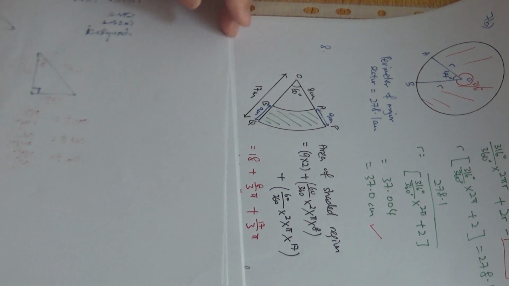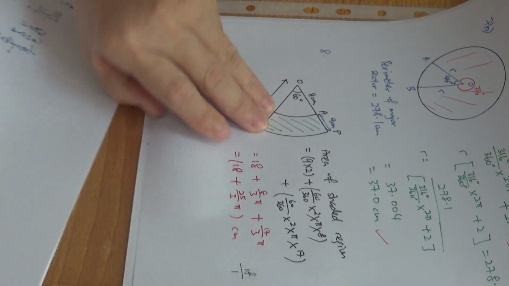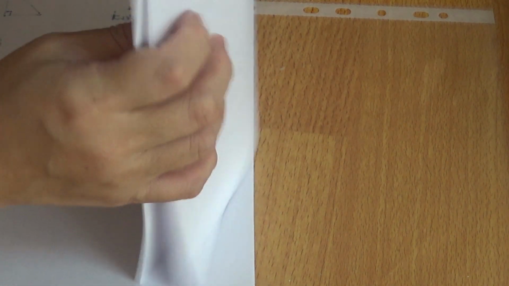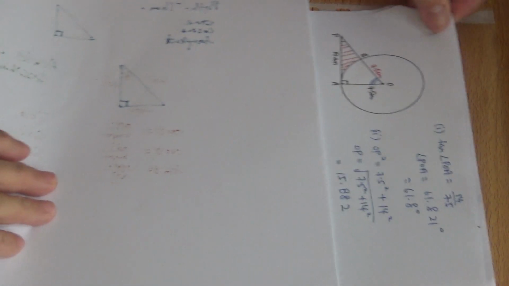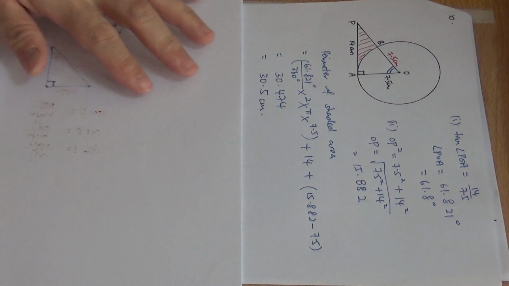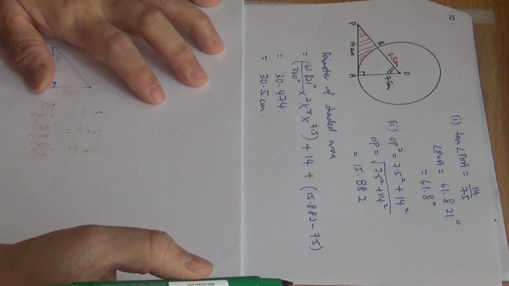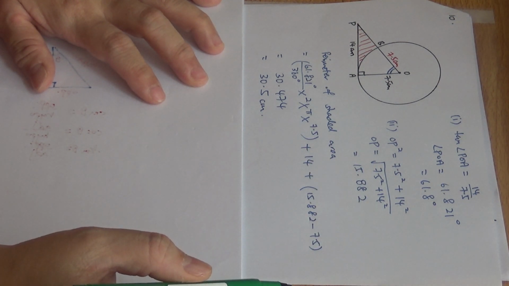Next, we are going on to question number 10. Question number 10 is very similar to the example question, okay, but I will give you some alternative methods to solve it. Alright, let's look at question number 10. It says that, okay, in the figure, O is the center of a circle of radius 7.5 cm.